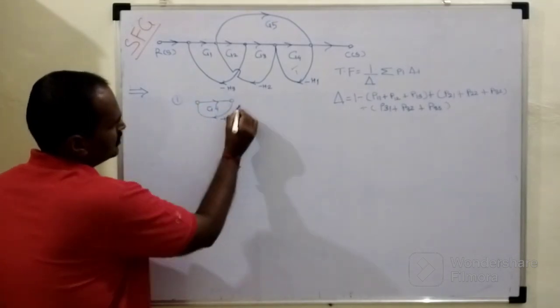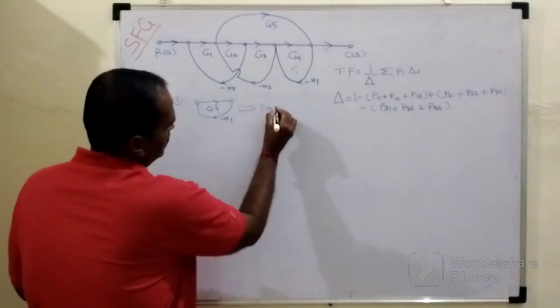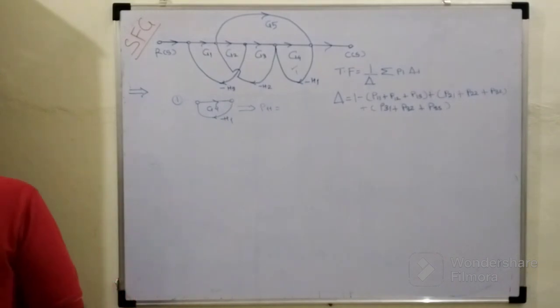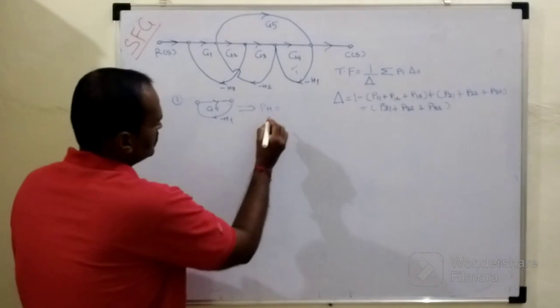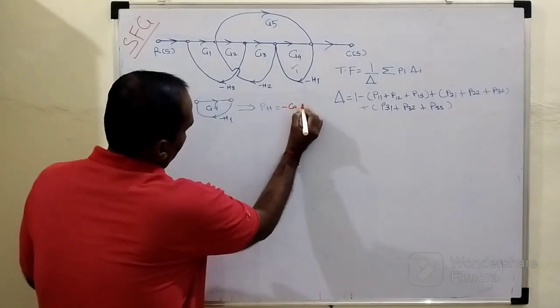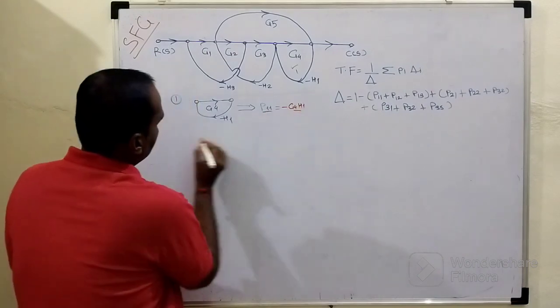So this will be the first loop, right? So P11 equals what? How do we tabulate this P11? We need to multiply these two elements. As a result of multiplication, it will become minus G4 times H1 will be P11, right?